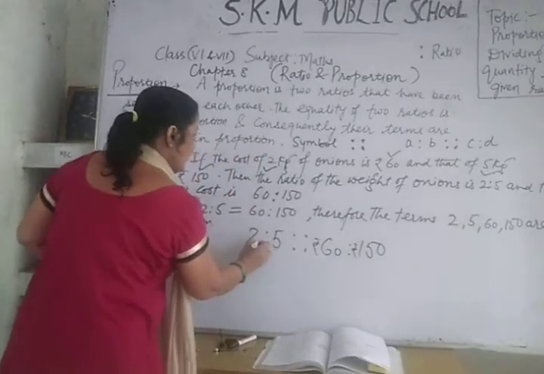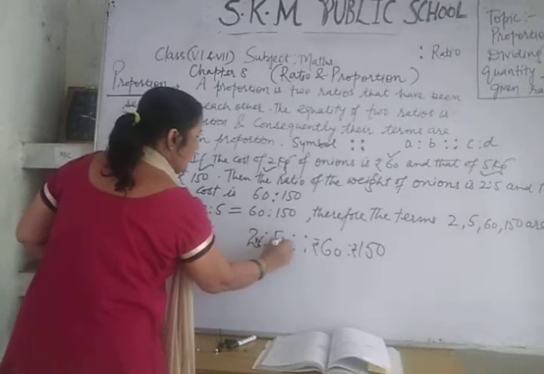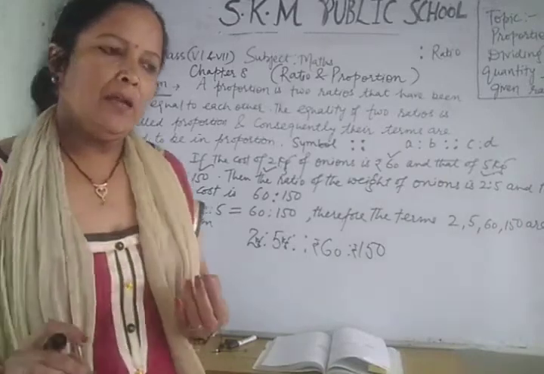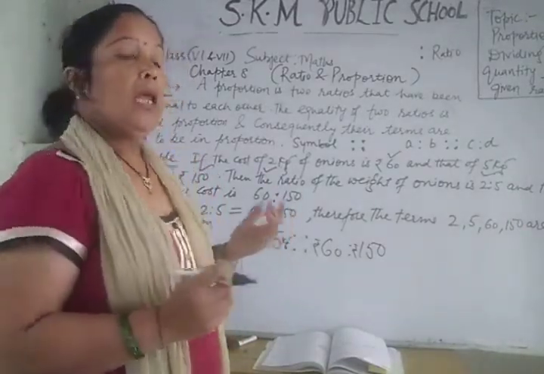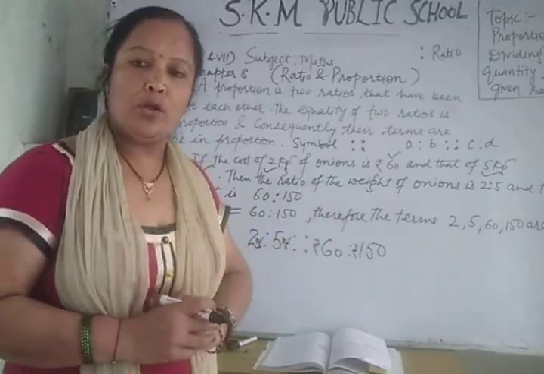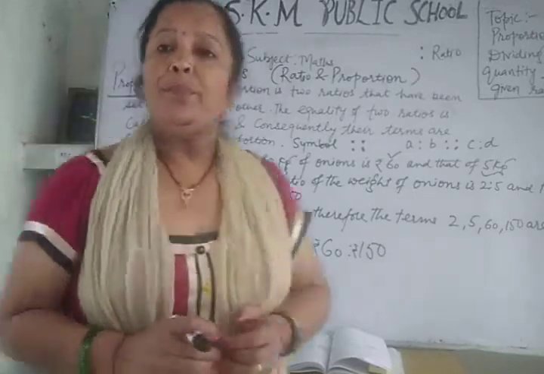Now, when you are asked to determine whether the given 4 terms are in proportion or not, there is a formula. There are 4 terms.